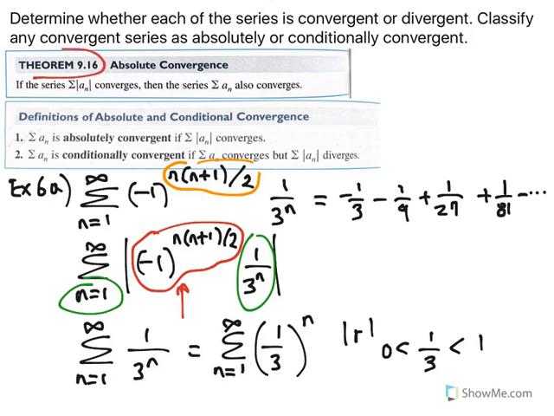So using Theorem 9.16, because the corresponding absolute value series converges, the original sine series must also converge, and therefore by definition we say that the original sine series is absolutely convergent because its corresponding absolute value series converges.